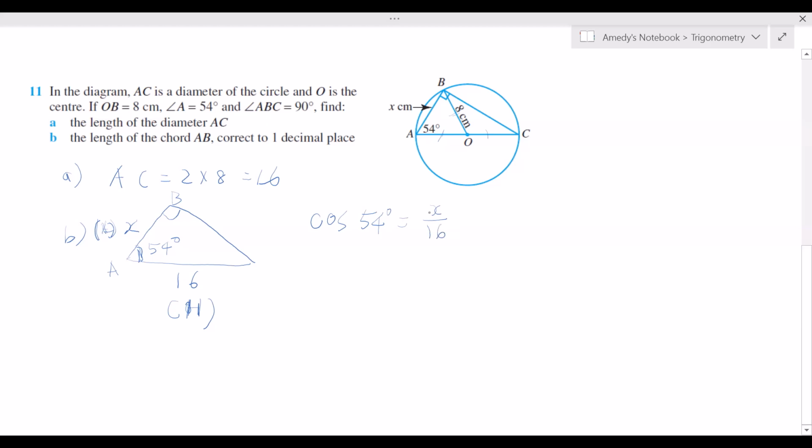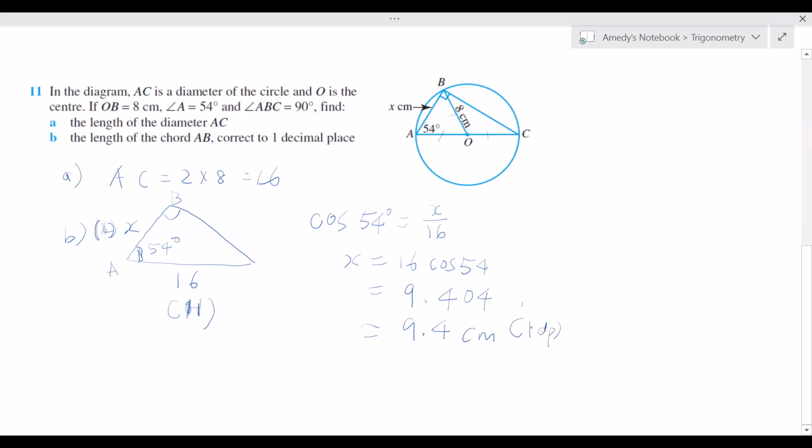So to get x, it is 16 multiplied by cos 54. So cos 54, ta-da, you get 9.404. And then you round to one decimal place as the question requests, cm, one decimal place.